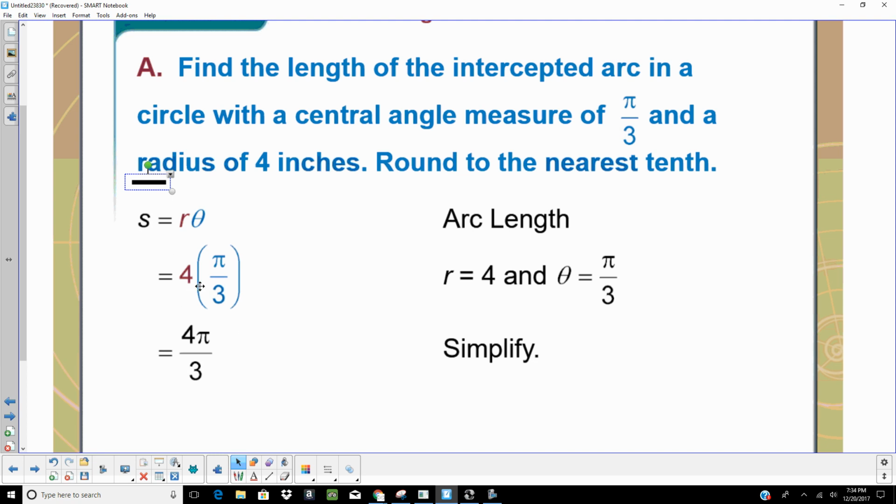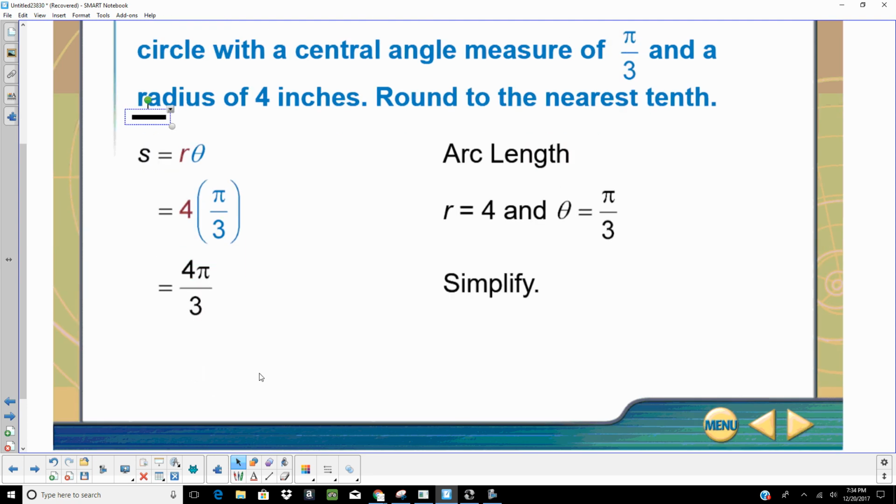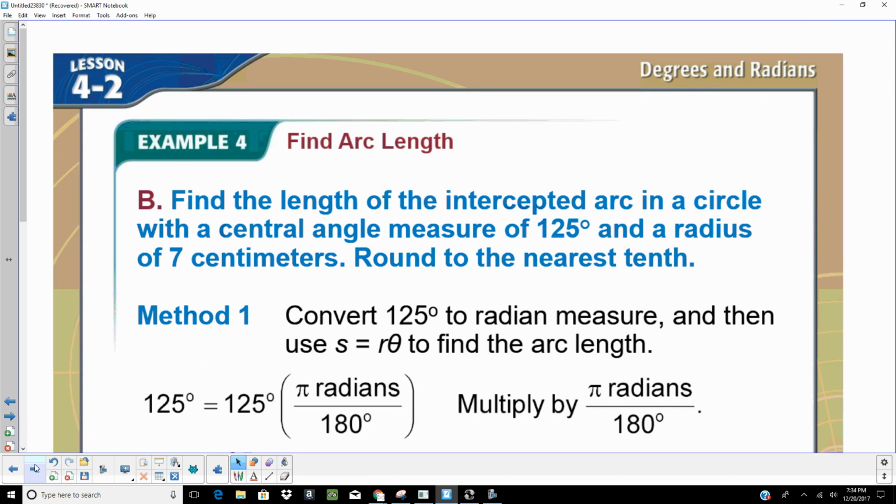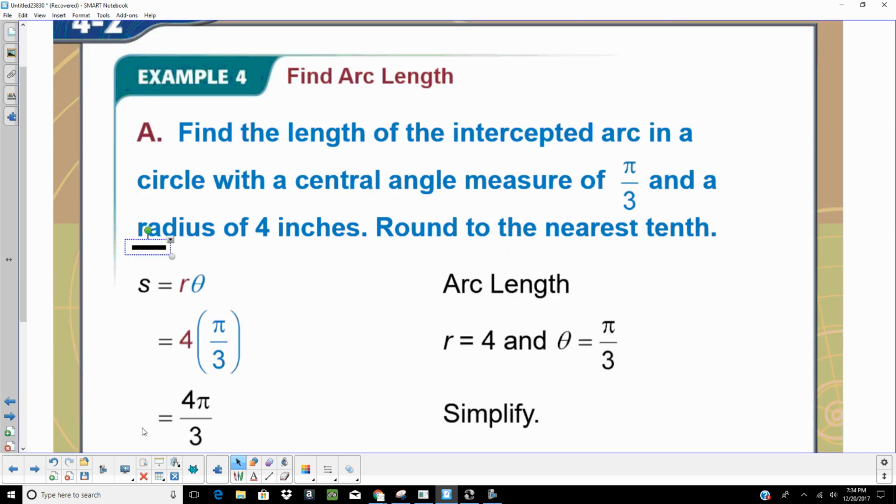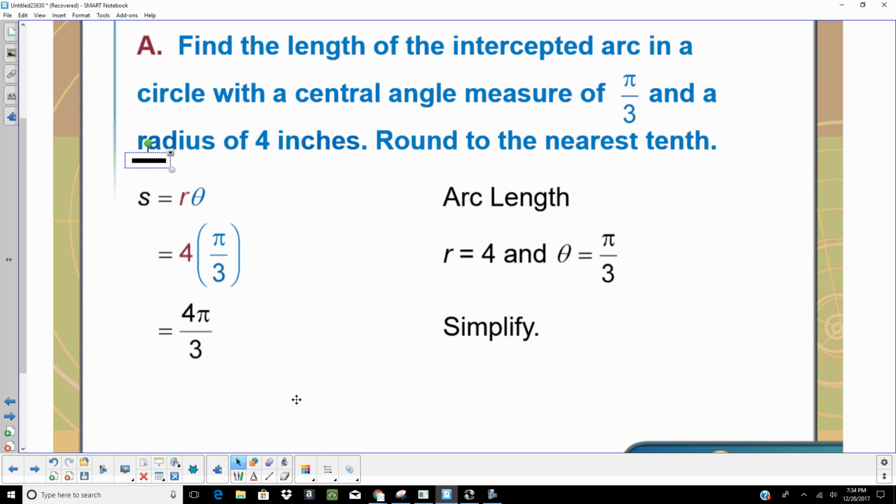Well, R is 4, theta is pi over 3. If we wanted it exact, it would be 4 pi over 3. I don't have my calculator in front of me, but if I wanted to round, I'd take 4 times 3.14 divided by 3. That's calculator work. I'd let you do that.